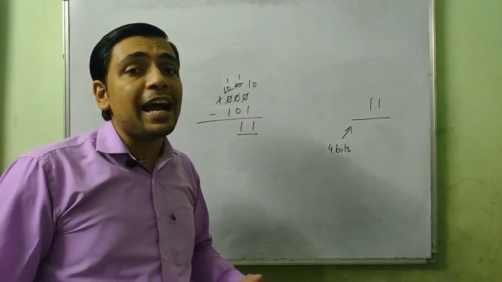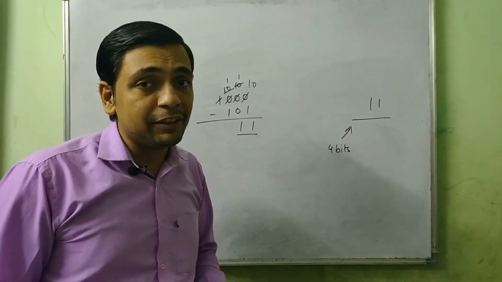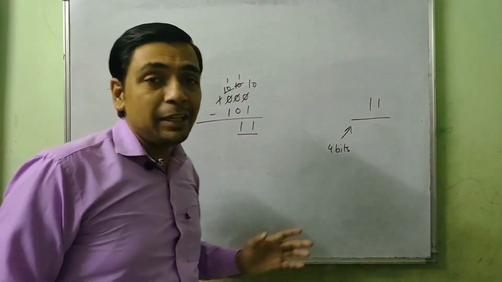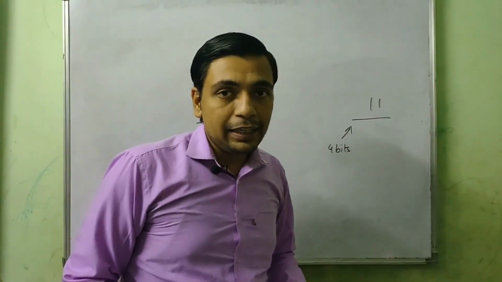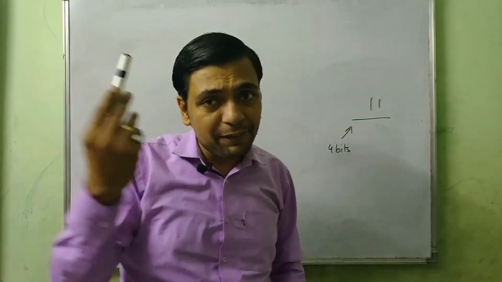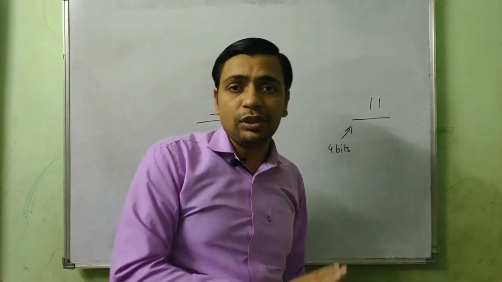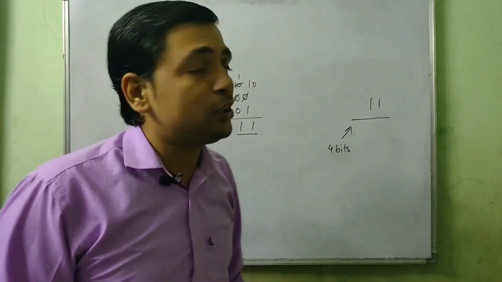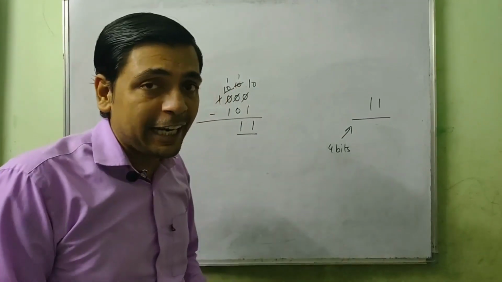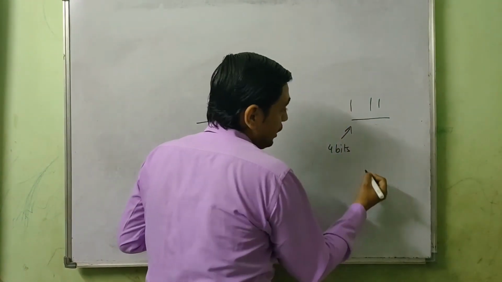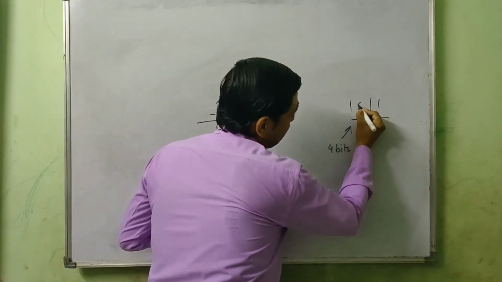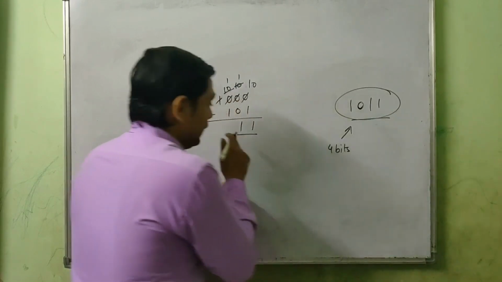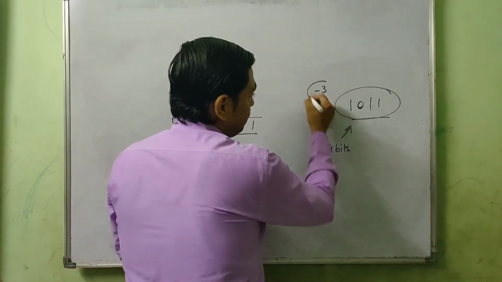So how do I write a negative number? Negative numbers are represented by a 1. If the whole number starts with a 1, then of course it's a negative number. And if the whole number starts with a 0, then it is a positive number. Since our result should be negative, I will start with a 1, and I have to make a 4-bit number, so the next one will be 0. So 1011 is actually representing negative of 3, or minus 3.